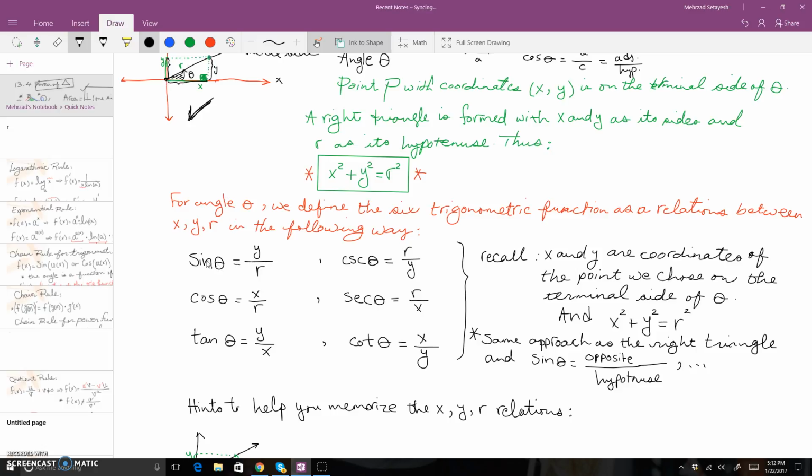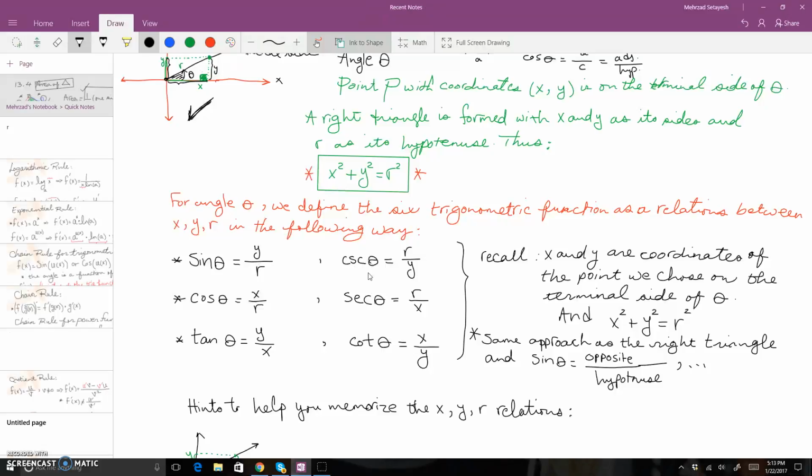So that's where sine of theta equals y over r comes from. Cosine of theta, as a reminder, is adjacent over hypotenuse. In this right triangle for angle theta, hypotenuse is r and adjacent side is x. So cosine of theta is x over r. Then tangent of theta is opposite over adjacent, so in this case y over x.